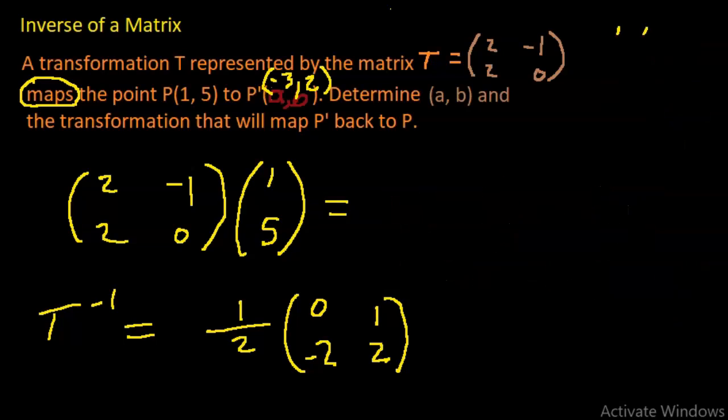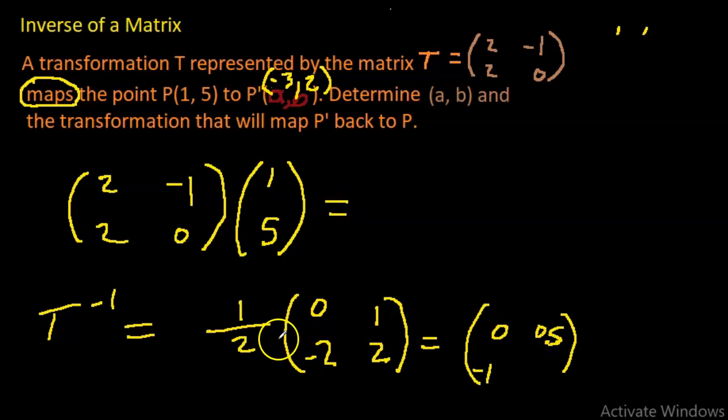Let's multiply each term by half quickly. So half times 0, that's 0. Half times 1, that's 0.5. Half times minus 2, that's minus 1. And 0.5, right?